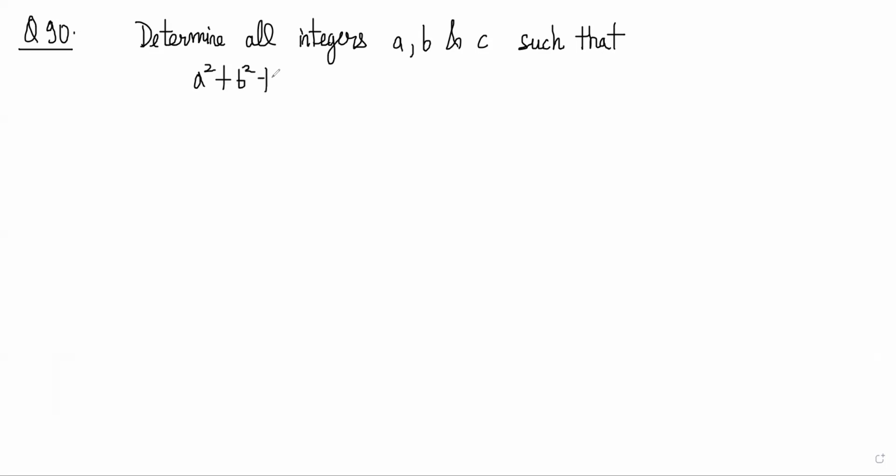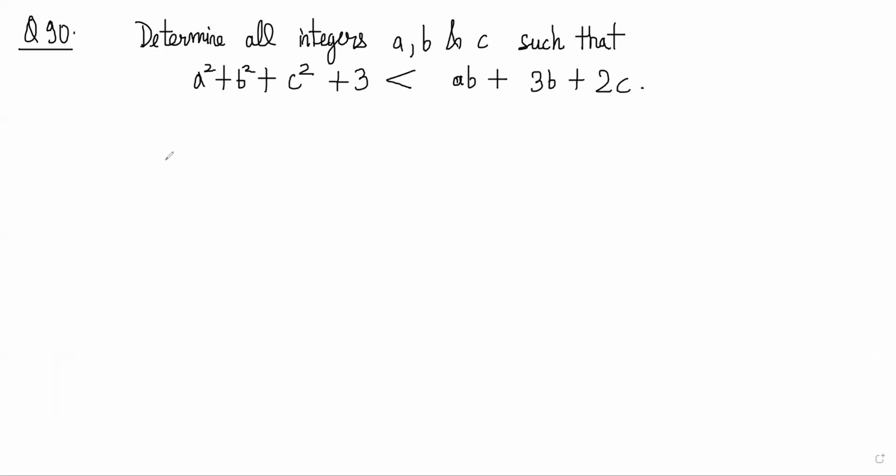We have to determine all integers a, b, and c such that a square plus b square plus c square plus 3 is less than ab plus 3b plus 2c.